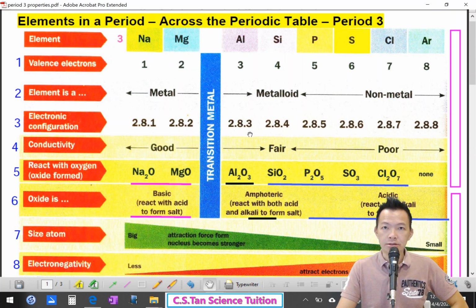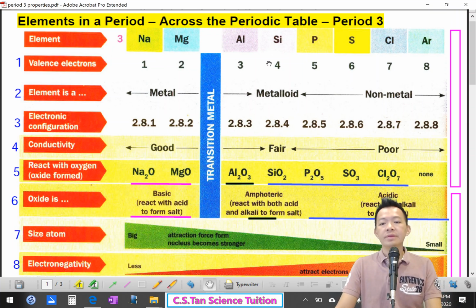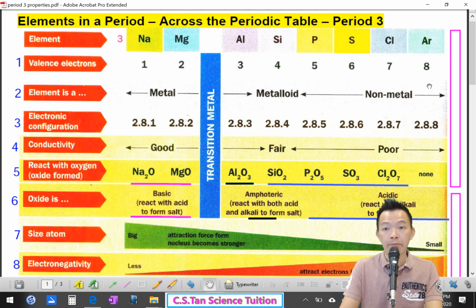Aluminium has 3 valence electrons. For 3 or more than 3, you add 10, so group number 13, 14, group number 15, 16, 17, and 18. So this is valence electron, valence electron, valence electron. Of course you must understand this, otherwise how can you come until today.